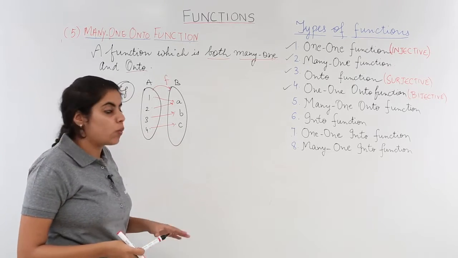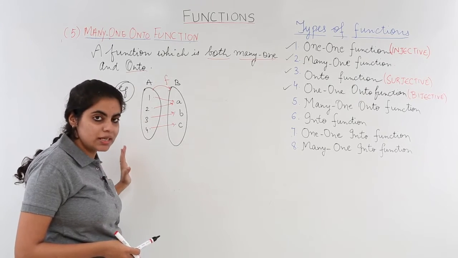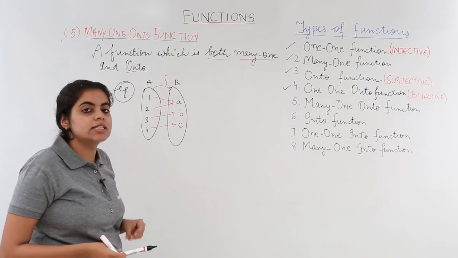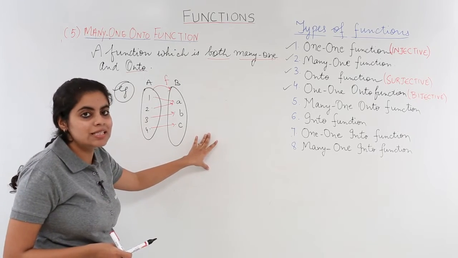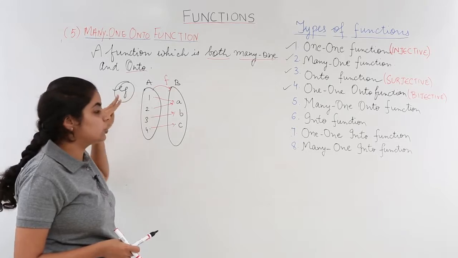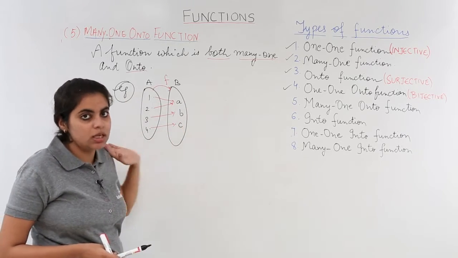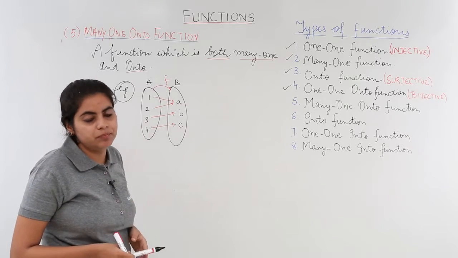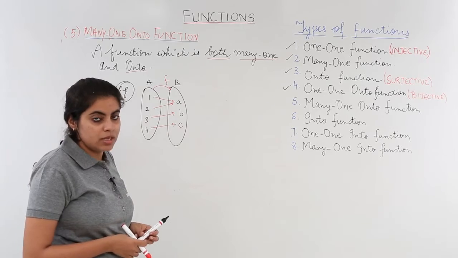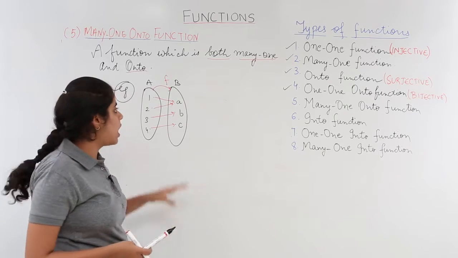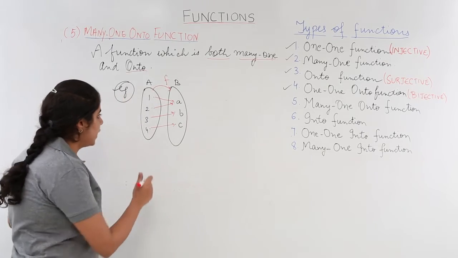In this mapping, where we have 1, 2, 3, 4 as the elements in the first set, and A, B, C as codomain, I see that 1 and 2 have the same image A, while 3 has it as B, 4 has it as C. Now let's see, what kind of a function is this? Is this function one one? Are different elements having different images? No. Why no?